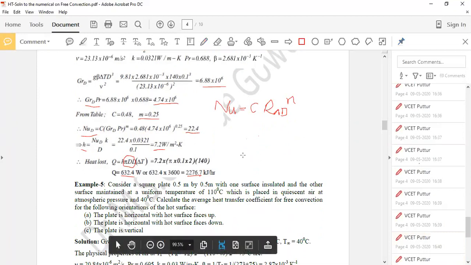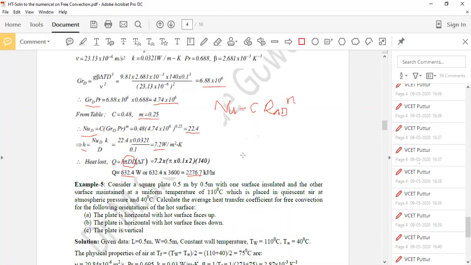And very sensibly, one can observe here that either Grashof number or Nusselt number, whether it is based on what characteristic length, you can sensibly observe there. Nu_L or Gr_L or Ra_L.